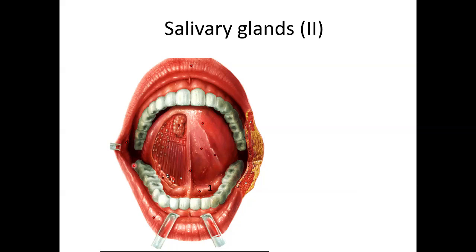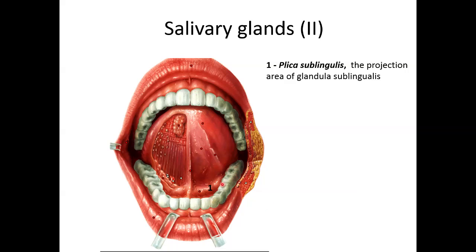We can find it ourselves in the mirror or in a patient, when the patient elevates his tongue, like here. This is number 1, named plica sublingualis. We can say that in this plica sublingualis are located the projection of glandula sublingualis.